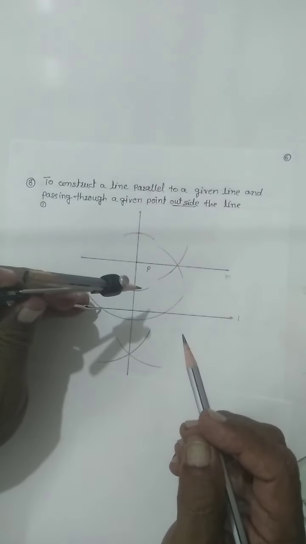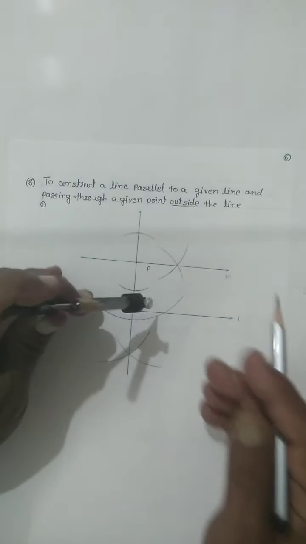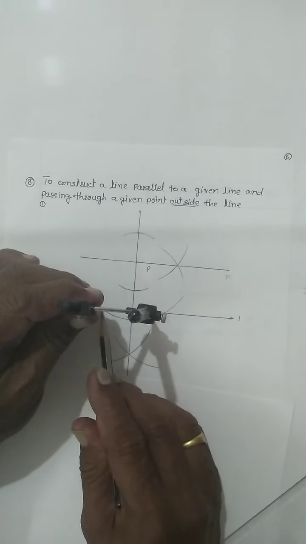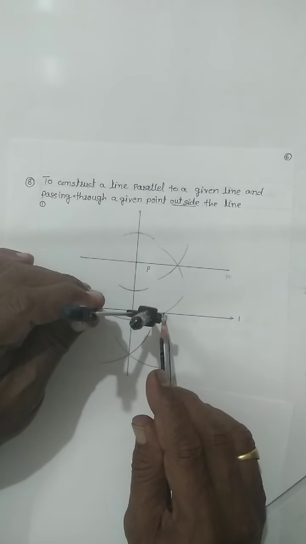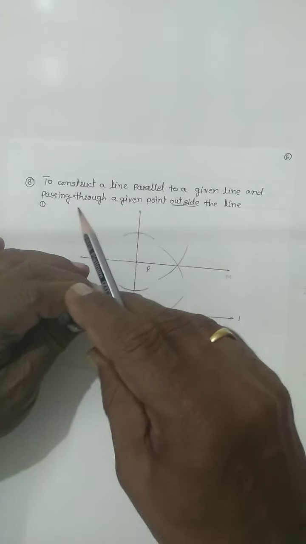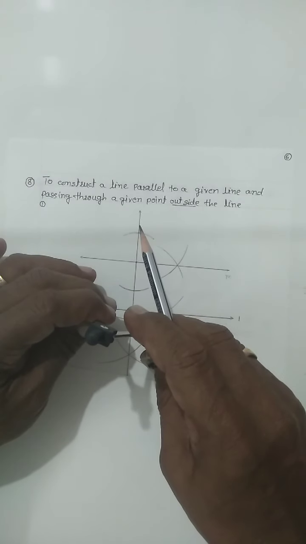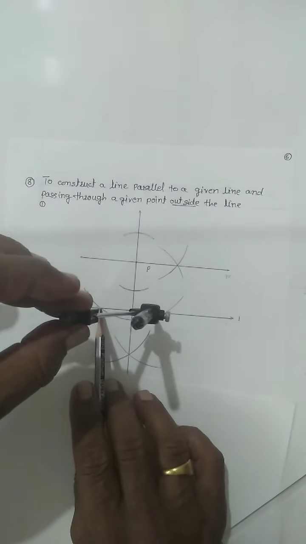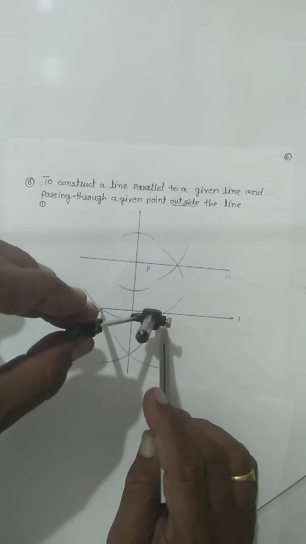Now take a distance more than half of the distance between the 2 intersecting points. Then draw the arc on the lower side of the line L. In this way we take a distance more than half of these 2 points.